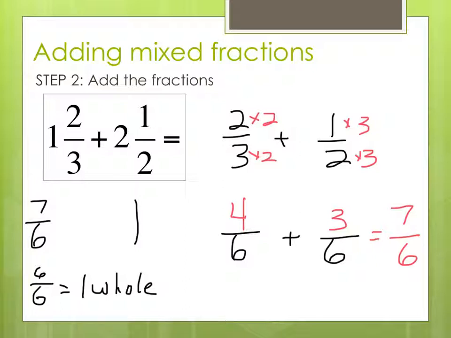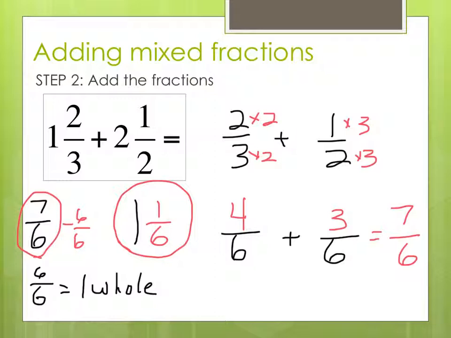So 1 whole. And the fraction that's left, if we subtract 7/6 minus 6/6, we're left with 1/6. And so our new mixed fraction is 1 1/6, which is the same as this improper fraction 7/6.